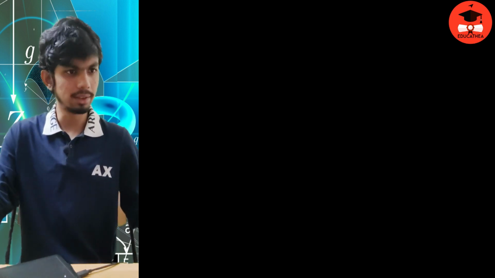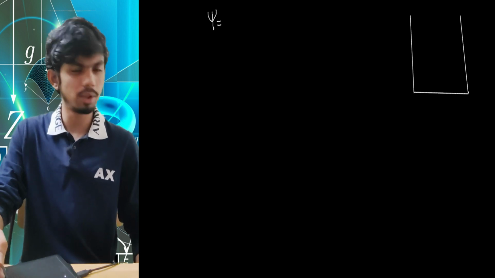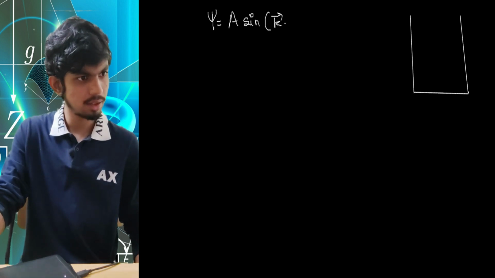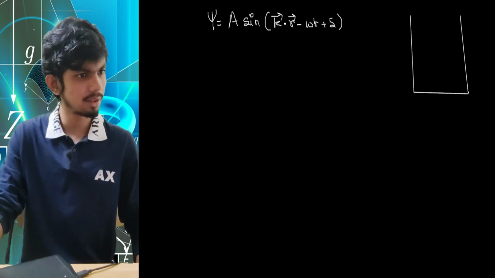But still, I want to give you an intuitive idea about what I have skipped in my solution. So let's consider the box once again. So this is my cubical box, right? So you see that in case of 3 dimensions, I'll write the wave equation in this particular format. A sine of k vector dot r vector minus omega t plus some delta, which is the initial phase.